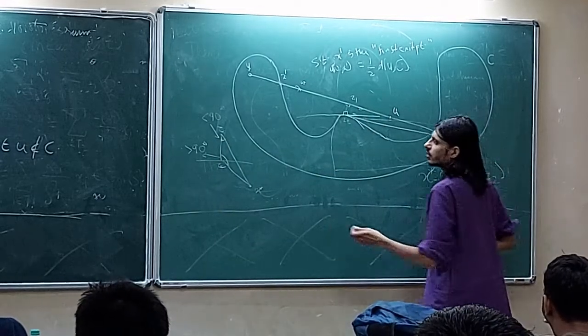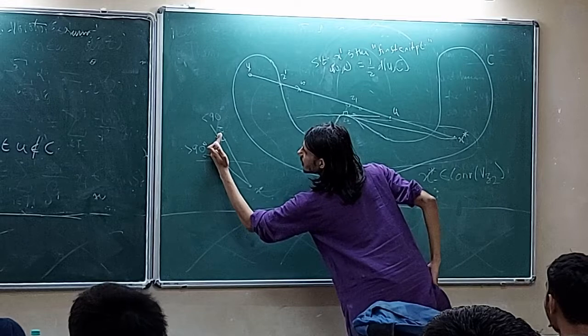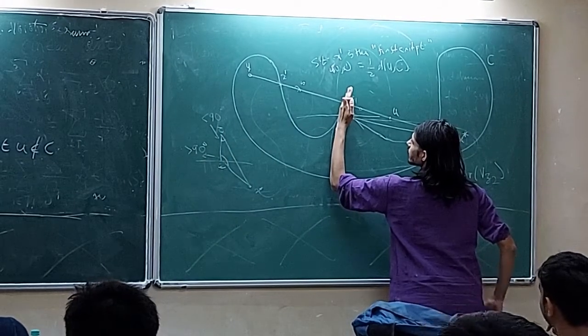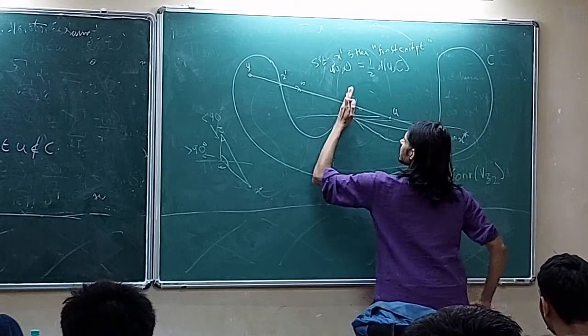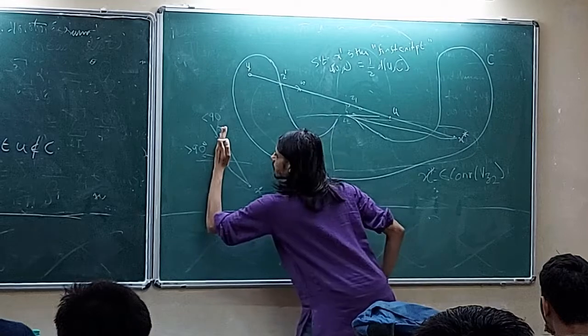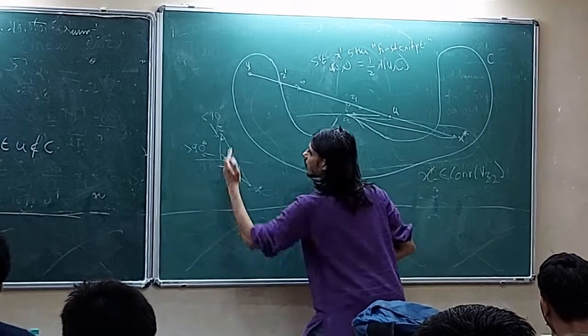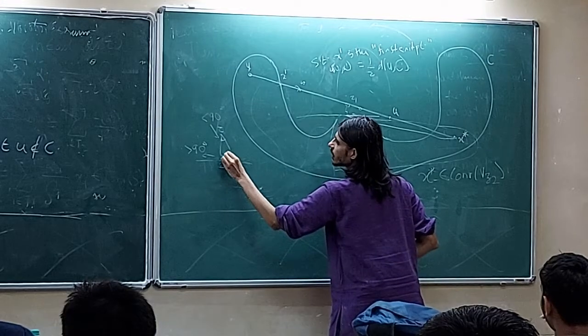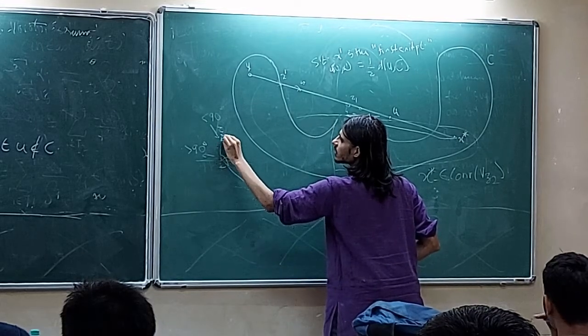And the contradiction here is very simple. This was chosen to be the shortest distance. But now as I travel towards X, because I am traveling along an obtuse angle, there is eventually a point at which this should be 90 degrees. So this wouldn't have been 90 degrees in the first place.